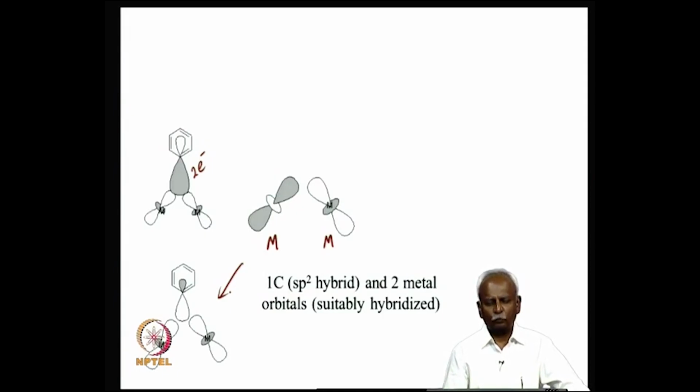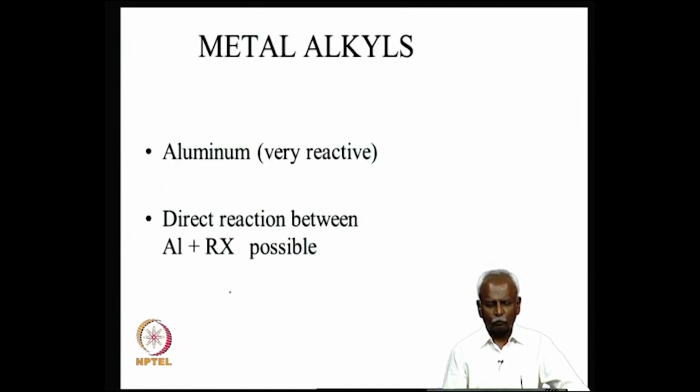And these 3-centered 2-electron bonding interactions are very, very popular or common in main group organometallic chemistry. So, there are only 2 electrons and 3 orbitals which are interacting.